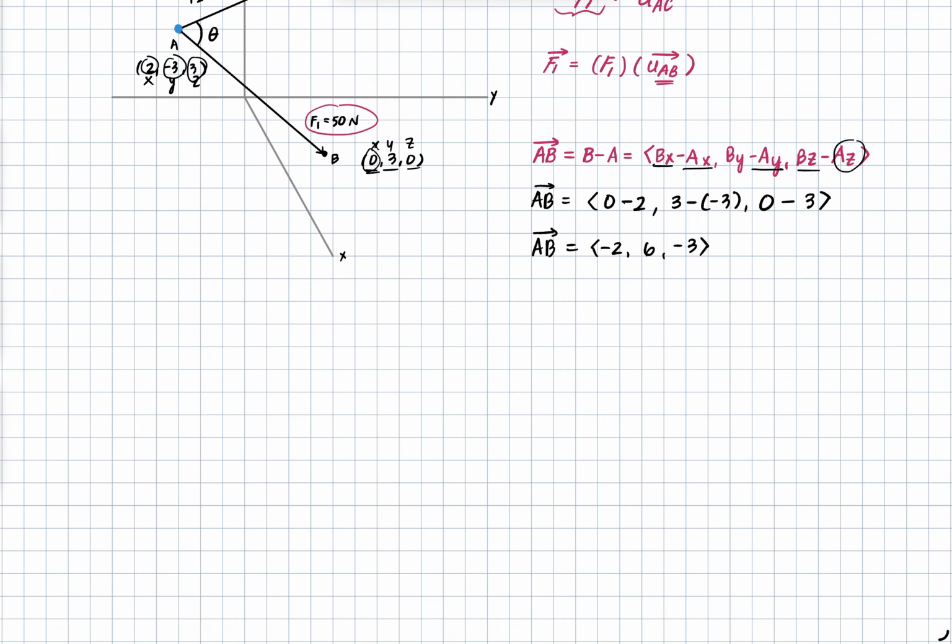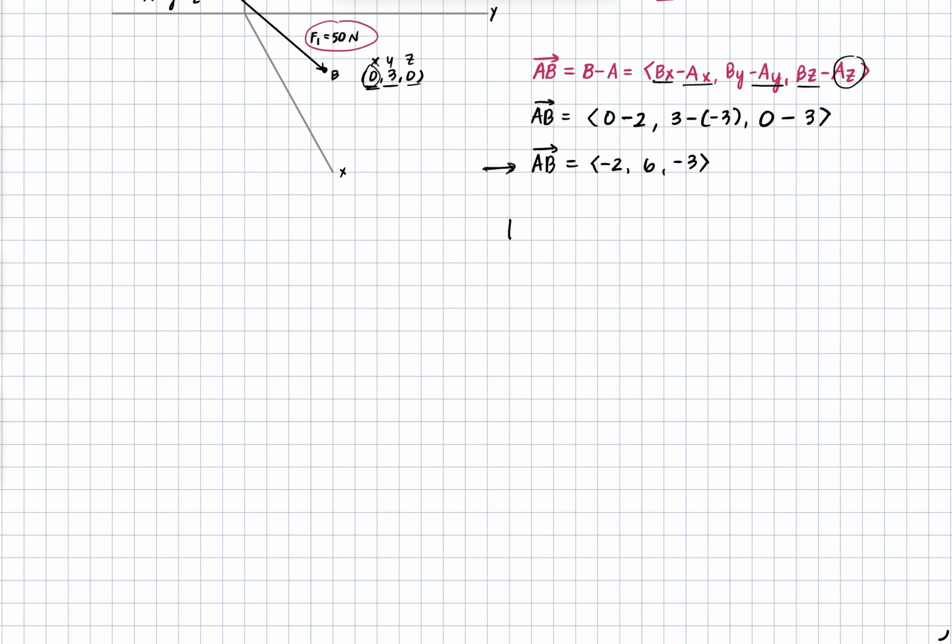Now we have to understand that the unit vector is unitless, and it's just a direction. What we have here is a vector, which has both direction and magnitude.